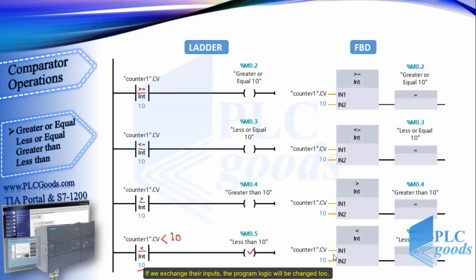If we exchange their inputs, the program logic will be changed too. You can use this rule to prevent any mistake: place the first input on the left side of the comparator sign and place the second input on the right side to see their mathematical expressions.